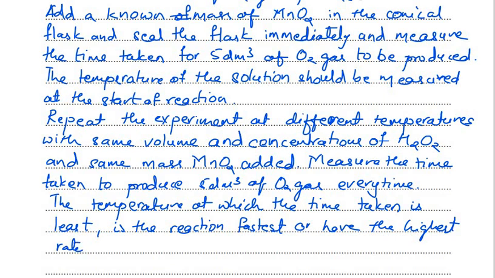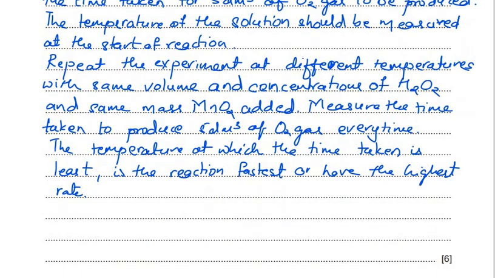That is how we are going to conclude that the reaction in which it takes the least time to produce 5 dm cube of oxygen gas, that temperature is giving the highest rate to the reaction. Obviously higher temperature will give the higher rate, so it is going to take less time to produce 5 dm cube of oxygen gas.